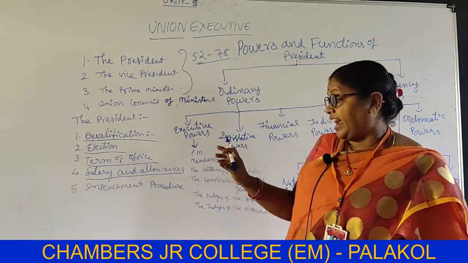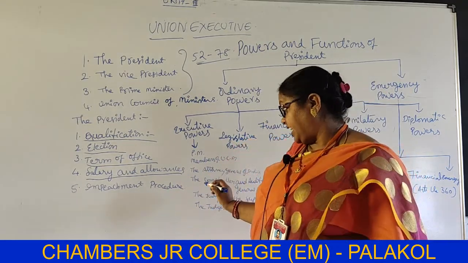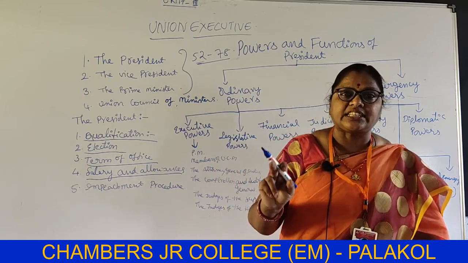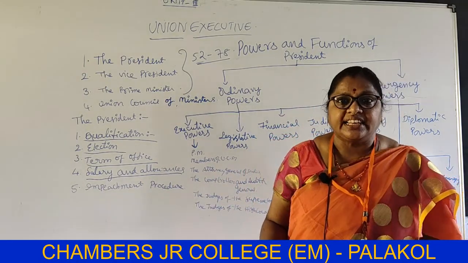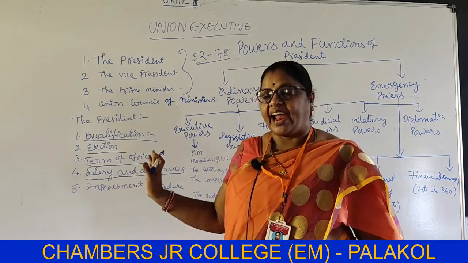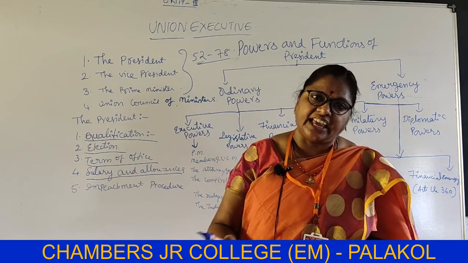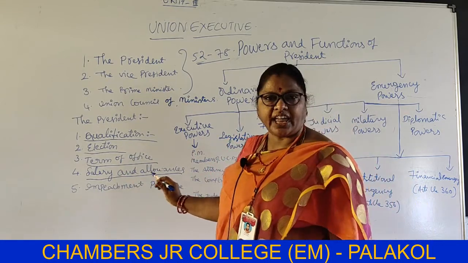He gets all the facilities, understand, and he resides in Rashtrapati Bhavan. His official residence is called Rashtrapati Bhavan at Delhi. He gets all medical, everything is free for him. Okay, you understood it?